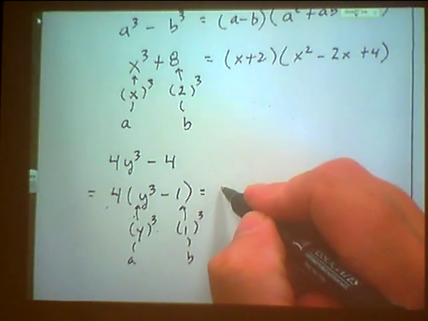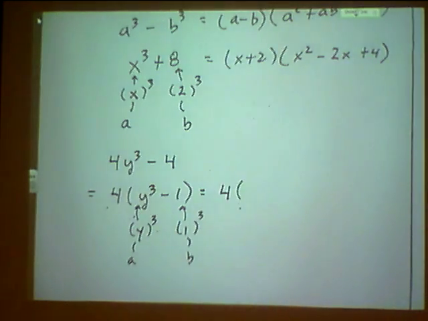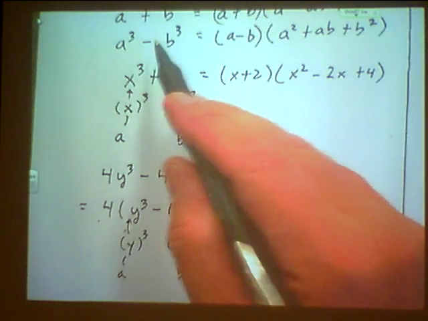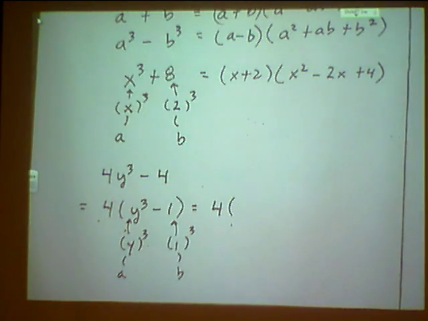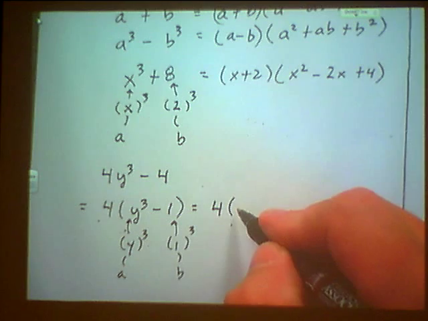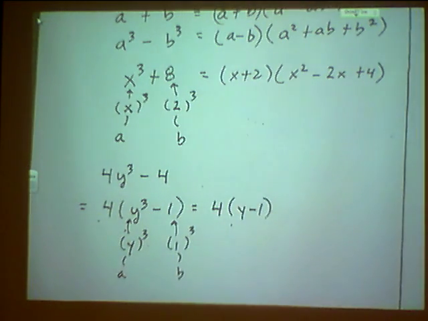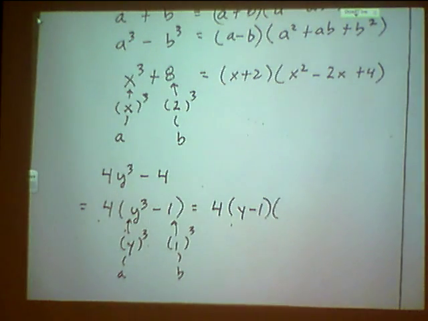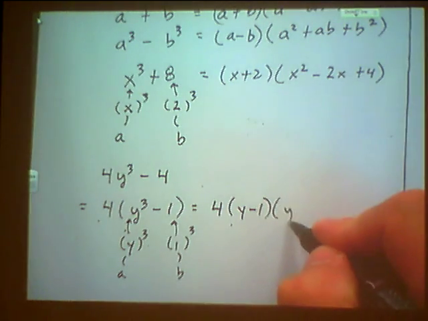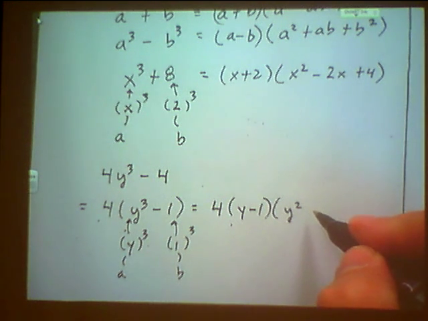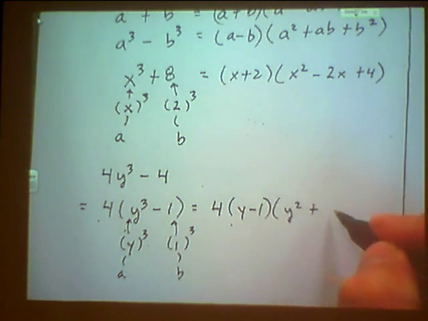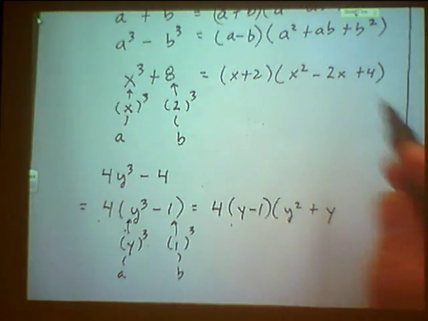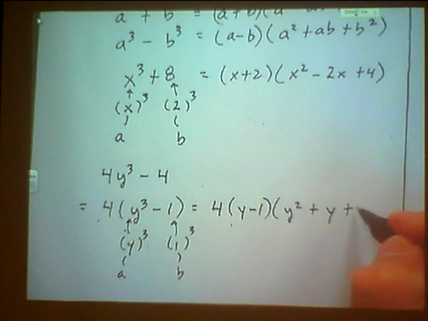So when I factor it, I go and write my 4, and then I look at my formula, which I can still see up here. For the difference of cubes, it's a minus b. So it's going to be y minus 1. And then a squared, a is y, so y squared plus a times b, y times 1, or just y, plus b squared, since b is 1, plus 1.